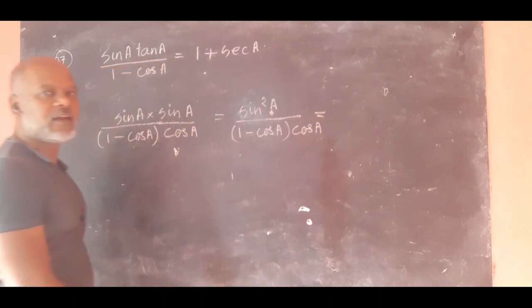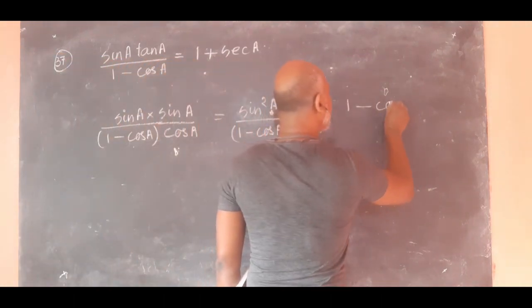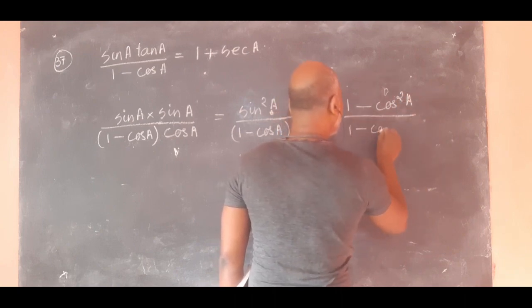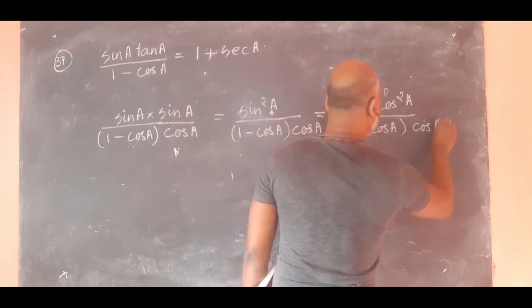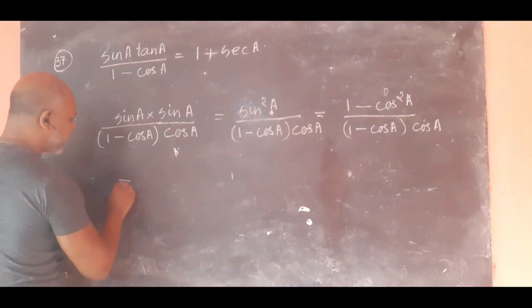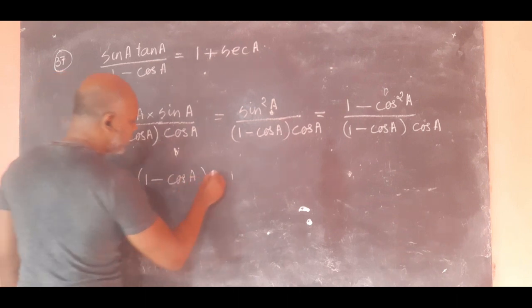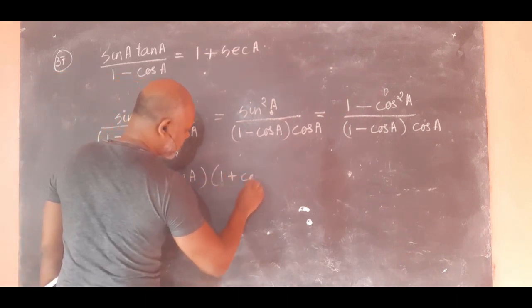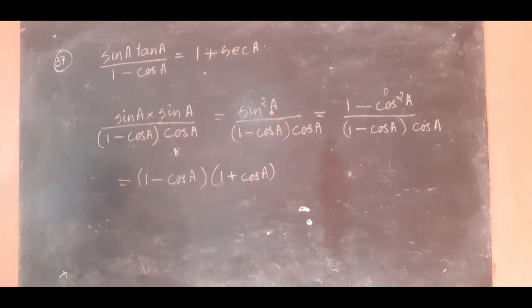Sin square A I can write as 1 minus cos square A, divided by 1 minus cos A into cos A. 1 minus cos square A we can split and write as 1 minus cos A into 1 plus cos A, because it is of the form a square minus b square.